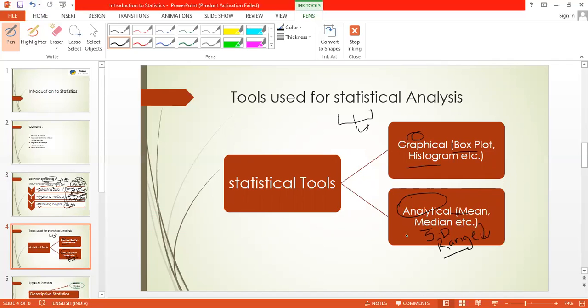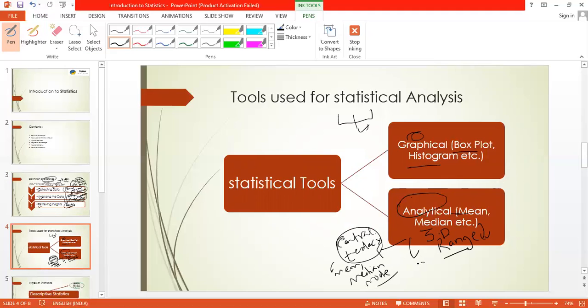Then again, analytical tools can also be differentiated into two categories. To measure the central tendency, we are using the mean, median, and mode. These are the analytical tools we use to measure the central tendency of the data.